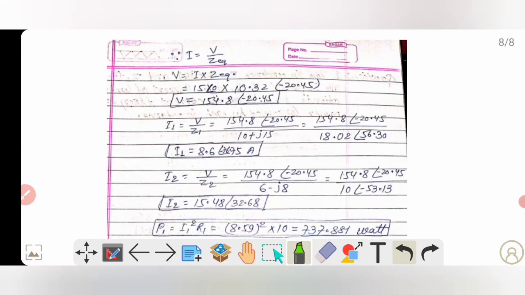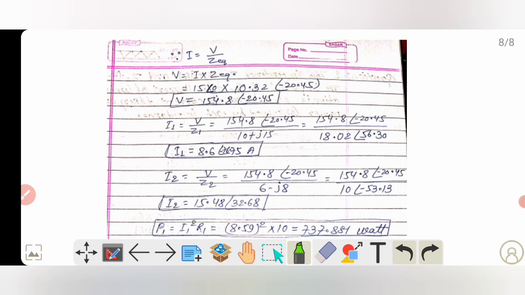Now my dear friends, the next thing is we will calculate the value of I. As we know, I is equal to V by Z equivalent. So if you want to calculate the supply voltage, then as we put all these values in this equation, the value of voltage comes out to be 154.8 at the angle minus 25.5 degree.